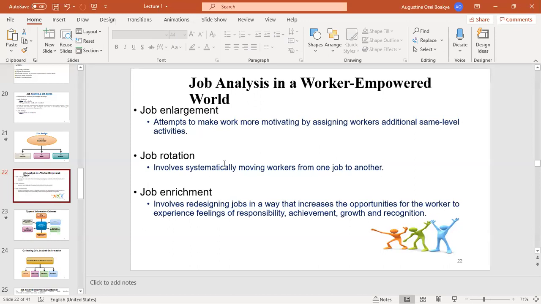Usually, job rotation is employed when, for instance, an employee has huge potential that you want to nurture so that at some point in time, they will be occupying a managerial position. And for that matter, you want the employee to have a better purview of all the job proceedings in your organization.